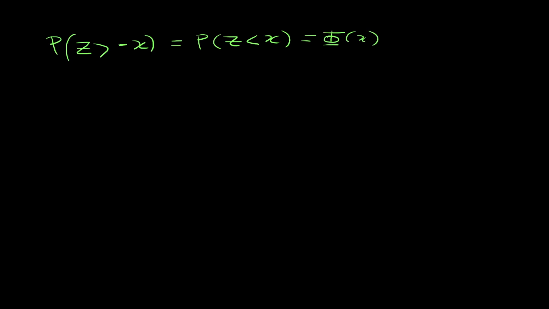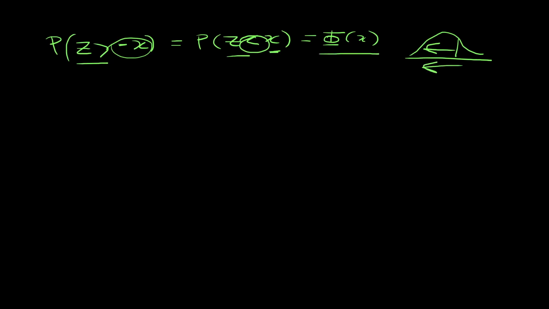So remember, if z is greater than a negative number, it's the same as having z less than that number. Remember, we're talking about the continuous distribution, so it's something like this. Everything there is less than, so to that side. So just use the direct number that you find in the table.